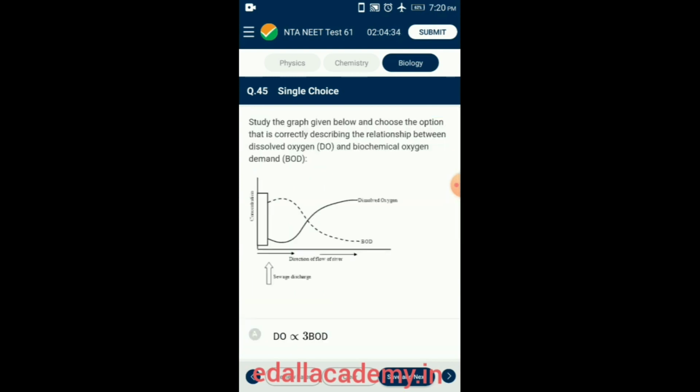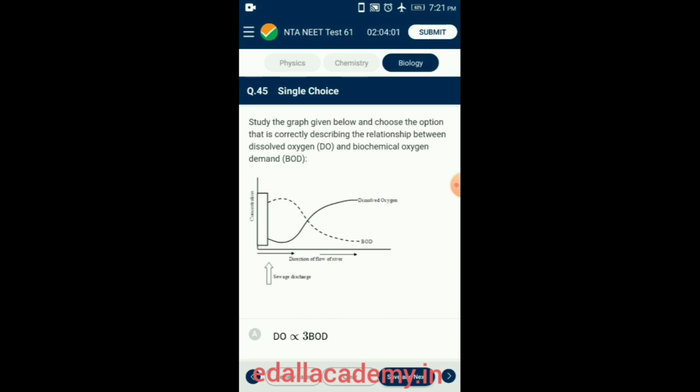Question number 45. Study the graph given below and choose the option that correctly describes the relationship between dissolved oxygen and biochemical oxygen demand. Biochemical oxygen demand, or BOD, is the amount of dissolved oxygen needed by aerobic biological organisms in a body of water to break down organic material present in a given water sample at a certain temperature over a specific time period.